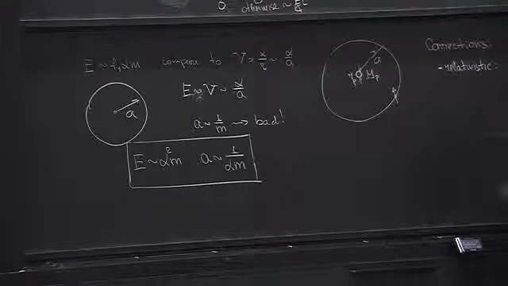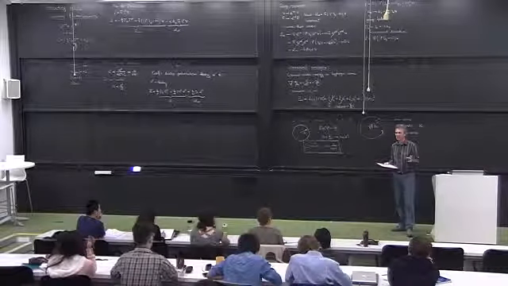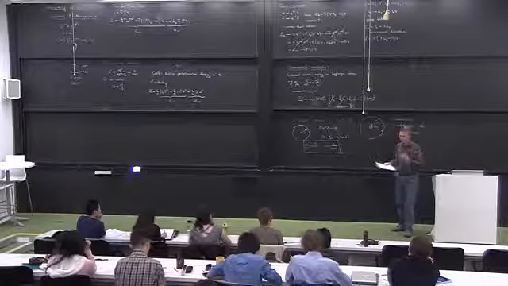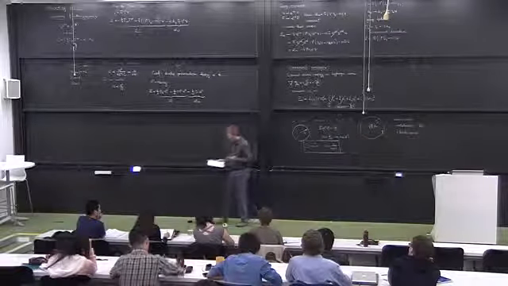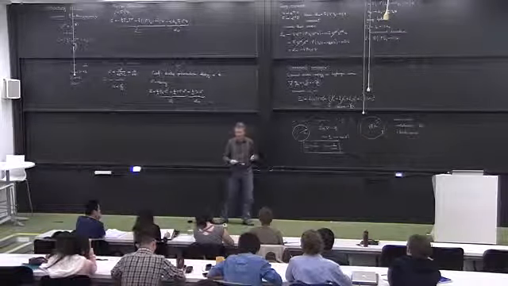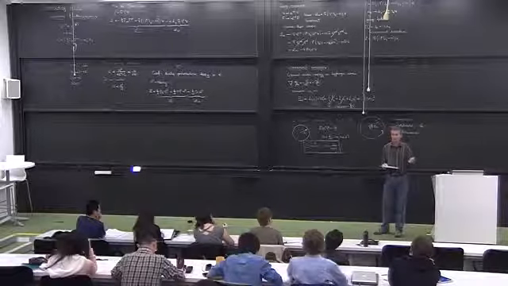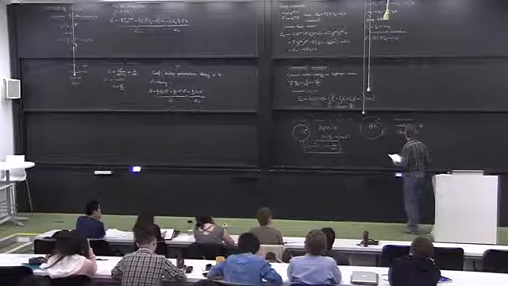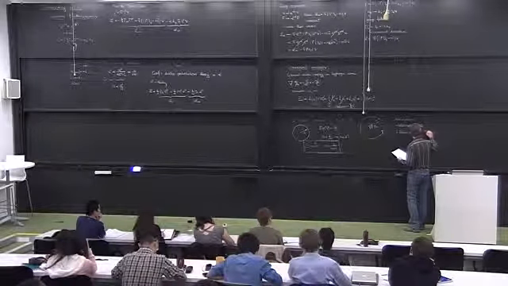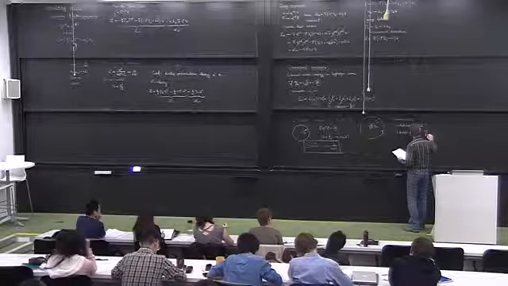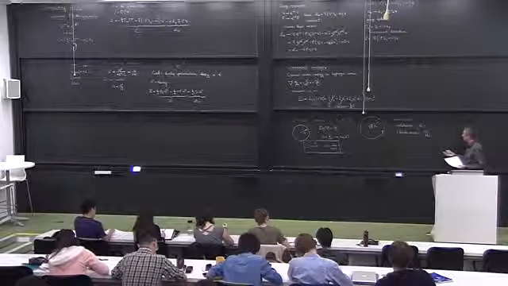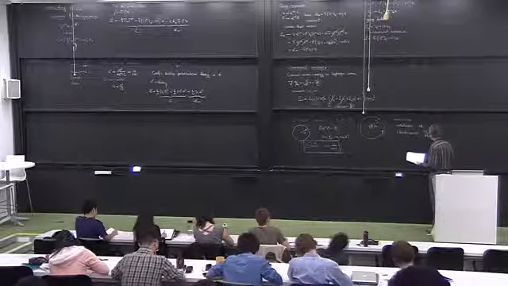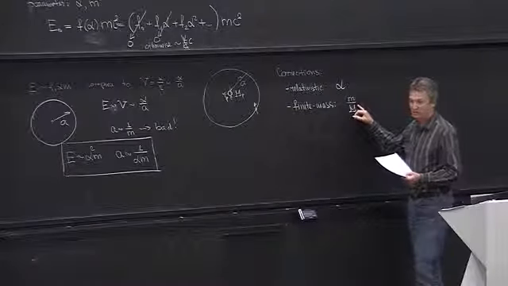But the proton mass is very big, so we better expand in a power series in the inverse of it. Since it's a dimensionful parameter, the expansion parameter should be dimensionless, so it will be made dimensionless by the mass of the electron. So the expansion parameter here is m divided by the mass of the proton.